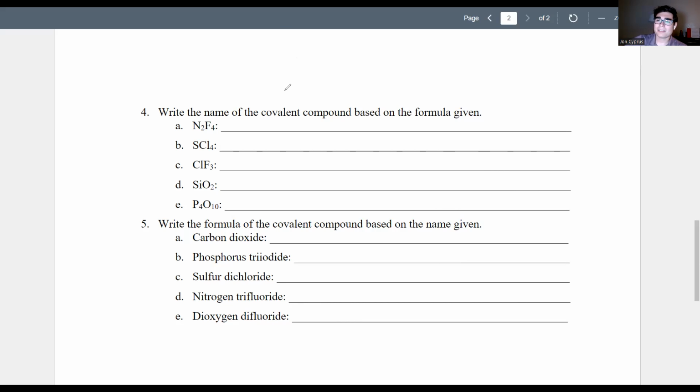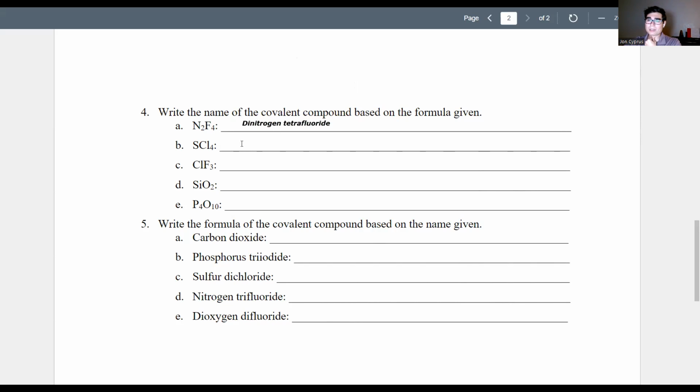So we have nitrogen and fluorine. Now we have two nitrogens, so we say this is dinitrogen. We only use these prefixes with covalent compounds, not with ionic ones. And we have four fluorines, so dinitrogen tetrafluoride.